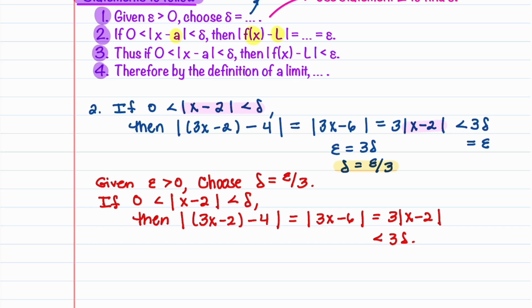And we know that delta is epsilon over 3. So we can say this is 3 times epsilon over 3, which is epsilon, period.